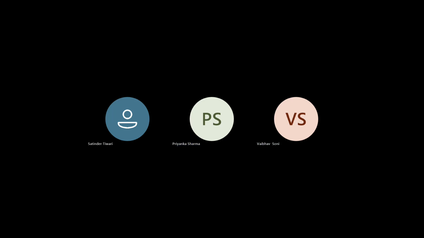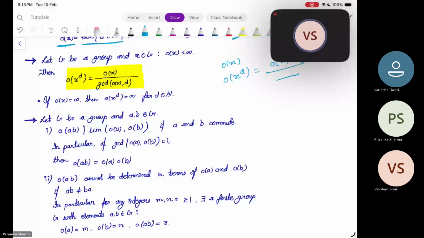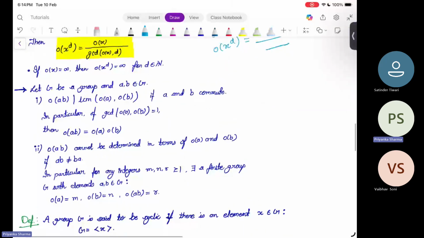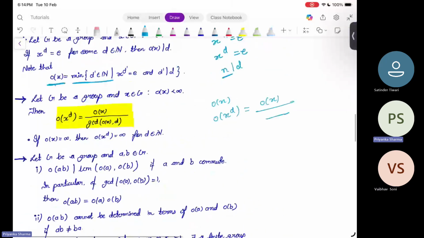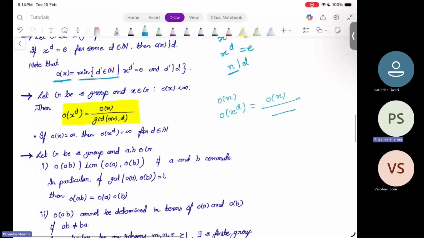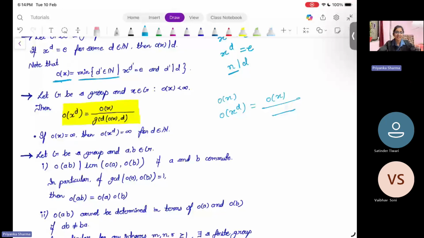I think now this is visible or no? No, ma'am, the screen is not visible. Hello. Screen is not Yes, now visible. Uh, it is visible now. Now it is. Okay. Okay. But wait, this is not being scrolled. Okay. So, hmm. So we were discussing about order of elements in a group. Okay. Uh, Sorry for the inconvenience. Actually, some network issues are here, so that's why.